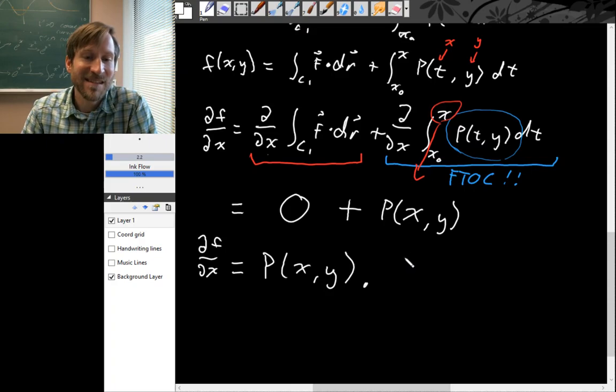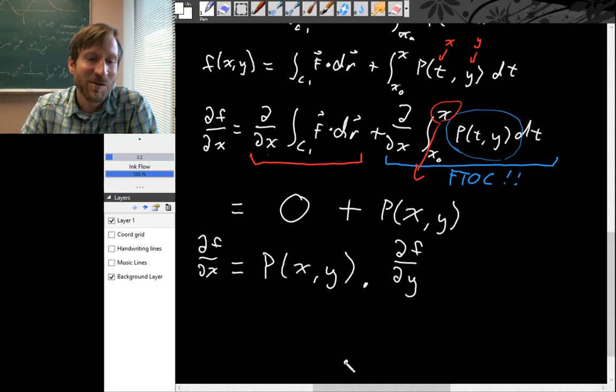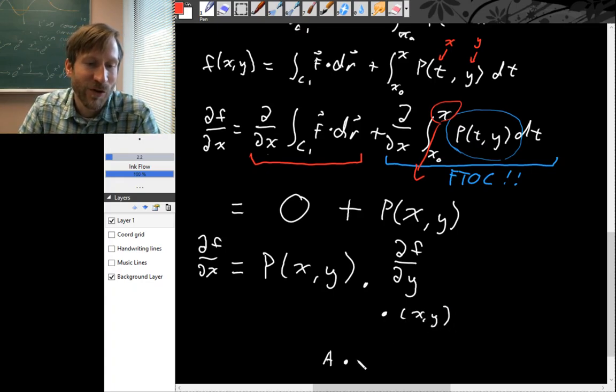Now, if you do the same thing to calculate the derivative of f in the y direction, well, it's not quite the exact same thing. The path you have to use is slightly different. The first part of your path will go almost to x comma y, but just below it, and then the second part of the path will go straight up.